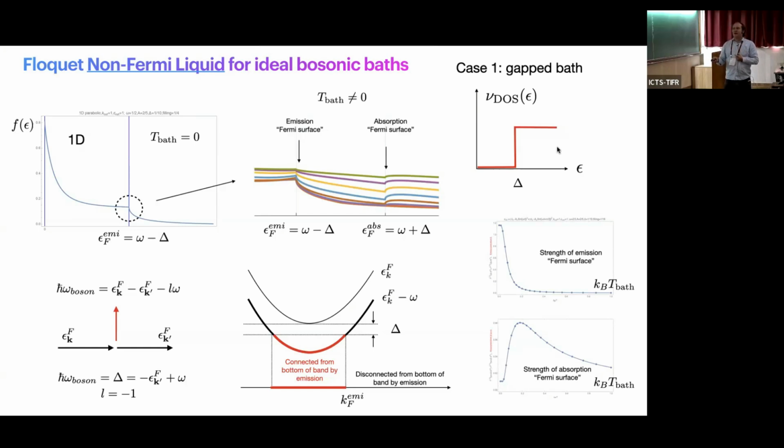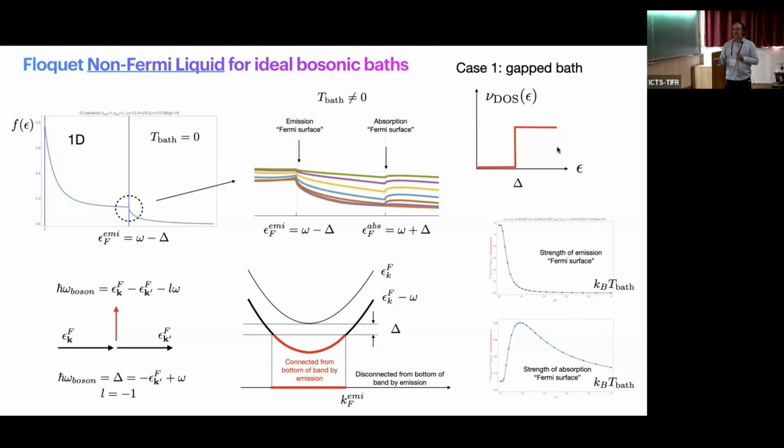But in a non-equilibrium setting, there are new channels that open up for scattering. And even if you're at the bottom of the band, at the bottom of the Floquet band, you can scatter to other points in the Floquet band by using this property that I mentioned, that the boson energy doesn't have to match the difference of Floquet energies, but it can differ by an integer.